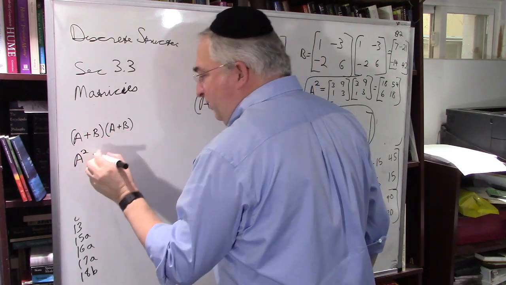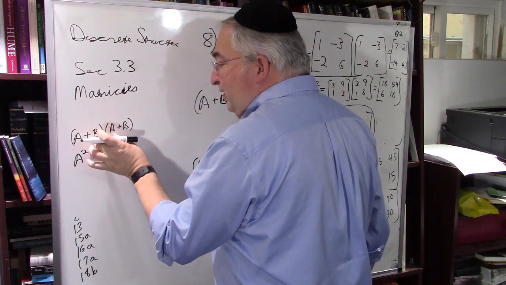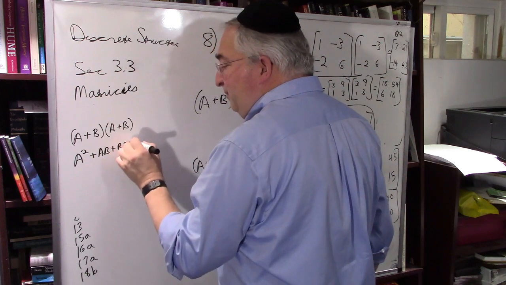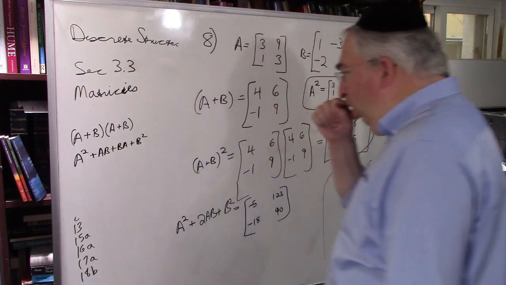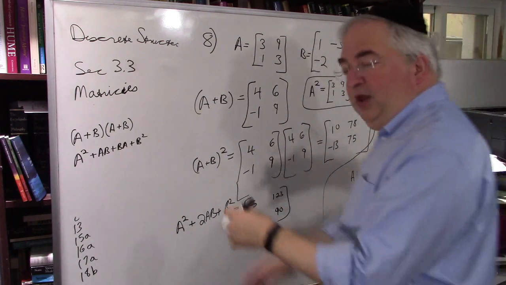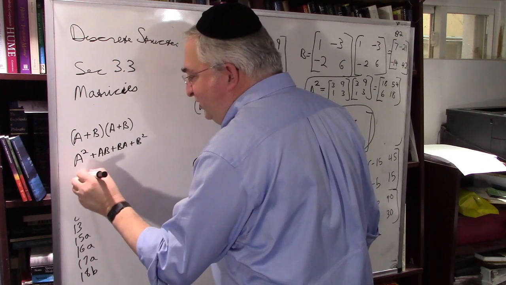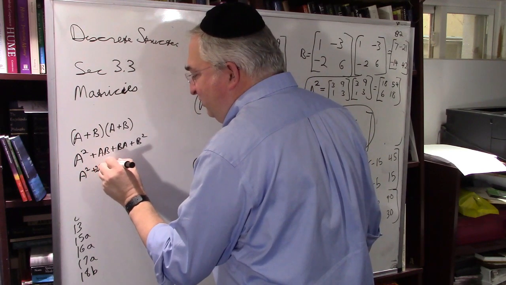Outer, AB plus AB. Inner, plus BA plus B squared. Now, usually you say, oh, these are numbers, very good. So AB and BA, those are the same thing. So you get A squared plus 2AB plus B squared.